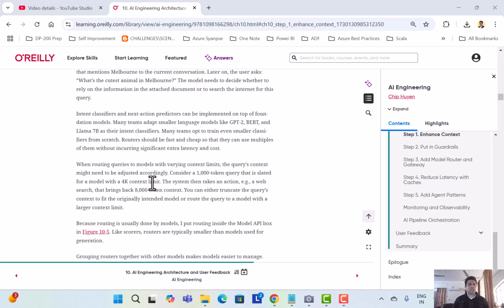So the interesting thing here is that even your routers, like intent classifiers and next action predictors, would also be Gen AI or AI based, and you would need models for these tasks as well.